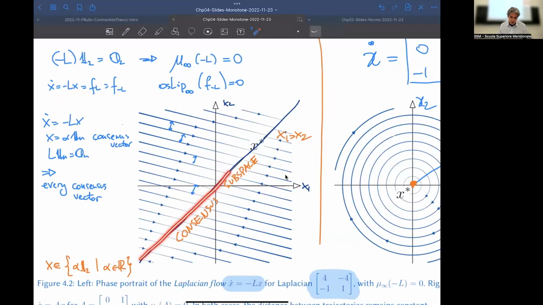So all of them are equilibria. This is an example of a weakly contracting dynamical system with an infinite number of equilibria.